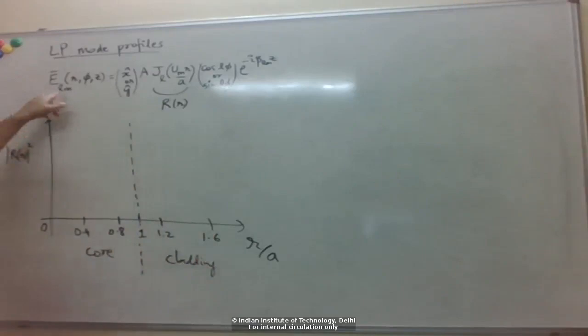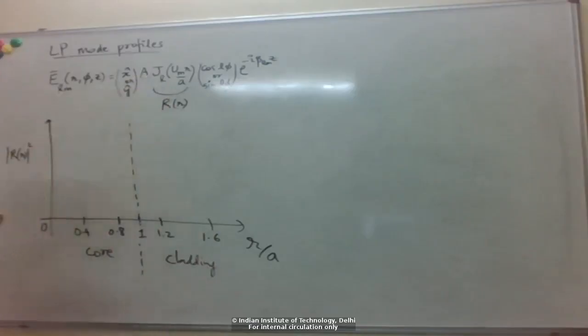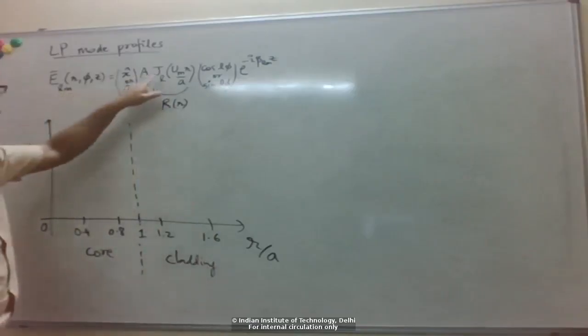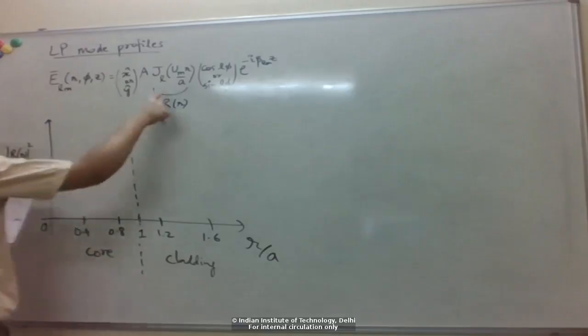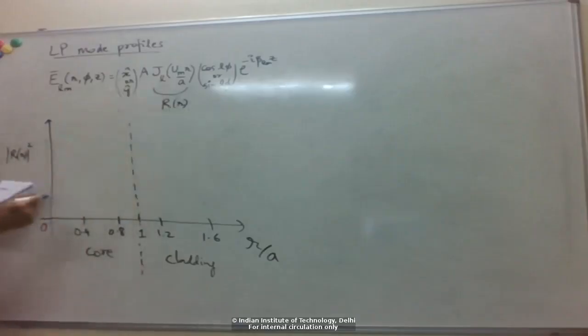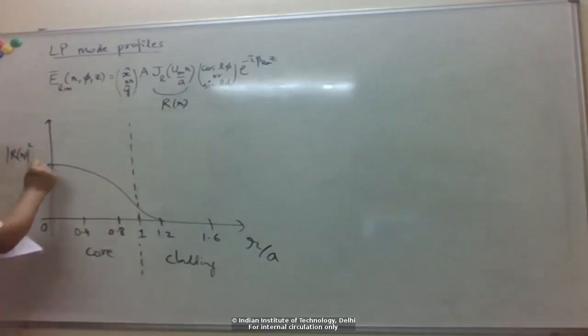Right, so LP01, the radial part is the Bessel function. We already saw what the Bessel function looks like. For L equal to 0, we have the 0th order Bessel function, which starts from some value at the origin and then goes down. So LP01, for M equal to 1, which is the fundamental mode, the lowest order mode, looks something like this. The form is J0.